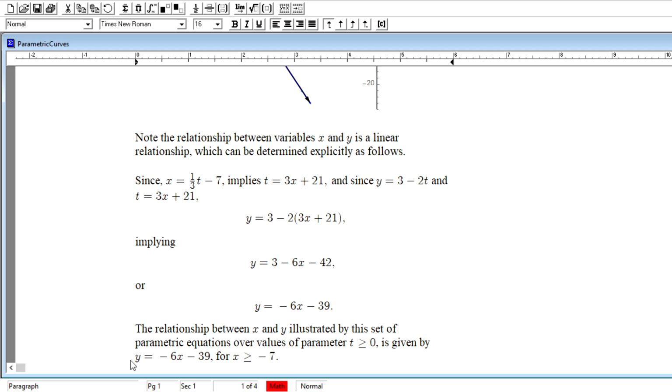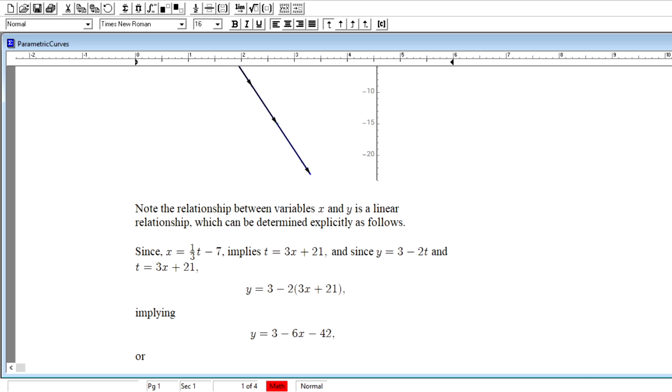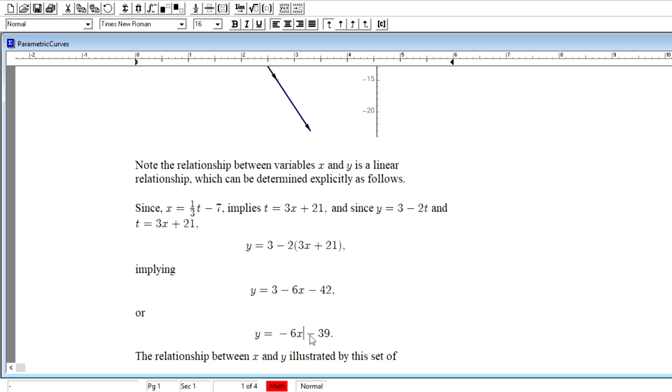Right? Notice the set of parametric equations we have given above do describe this line here that inevitably would have a y-intercept at negative 39, highlighted by this equation, and has a slope of negative 6, meaning it drops 6 as it runs 1.